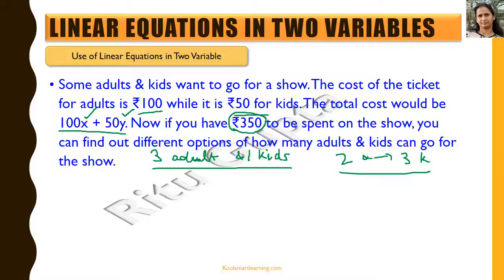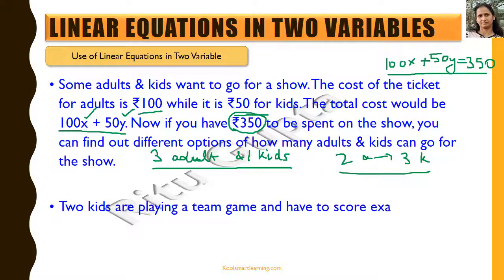So using the linear equation in two variables, the equation becomes 100x plus 50y equal to 350. Using this equation, you can find the different possible solutions, and in this case specifically, we know that x and y have to be integers, positive, basically natural numbers. So we can put different values of x and y and find out the best combination that we can choose according to our budget.